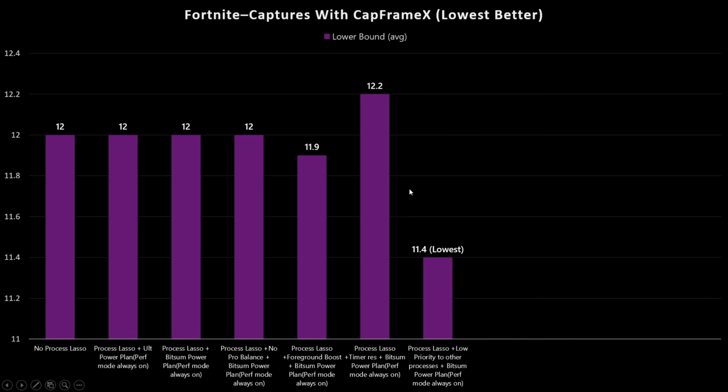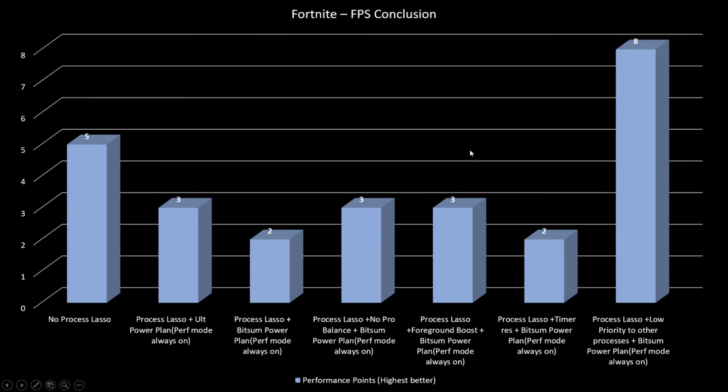The lower bound is actually the lower input lag in the FPS part. It's a metric of CapFrameX, and I added it for my tests. I think it's very important to see those metrics. And the best option to get lower numbers for lower bound is Process Lasso, low priority to other processes, and Bitsum Power Plan. As expected, the upper bound is the same.